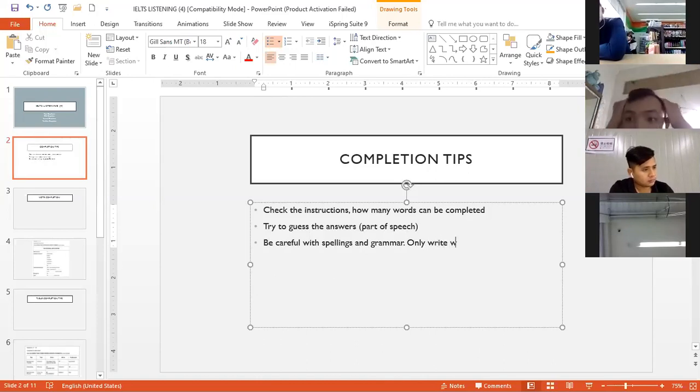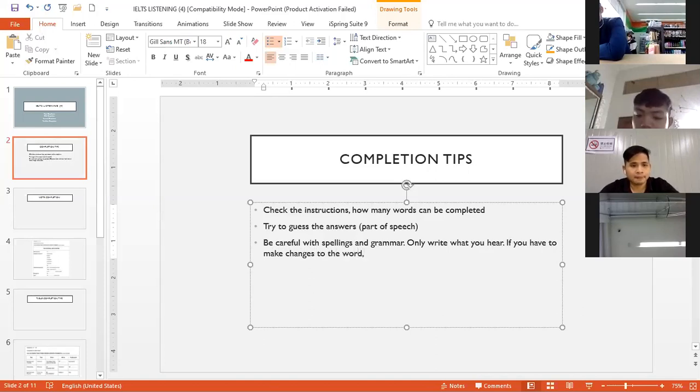Spelling is important. Yes. So be careful with spelling and grammar, and you need to remember you have to write only what you hear. Wrong spelling will get 0. So if you hear a word but you have to make changes, that is not the answer, because normally in completion questions you write exactly what you hear.